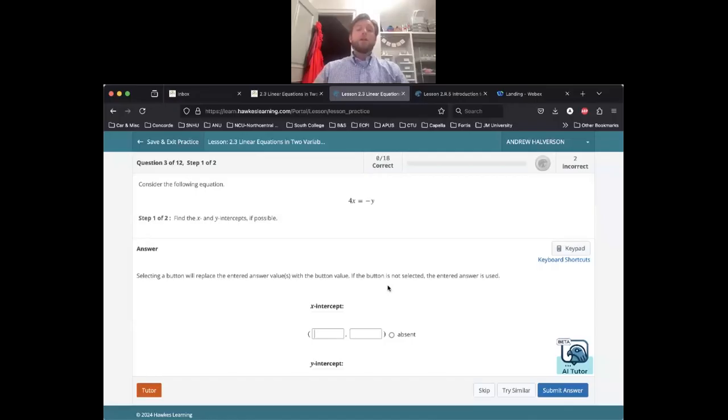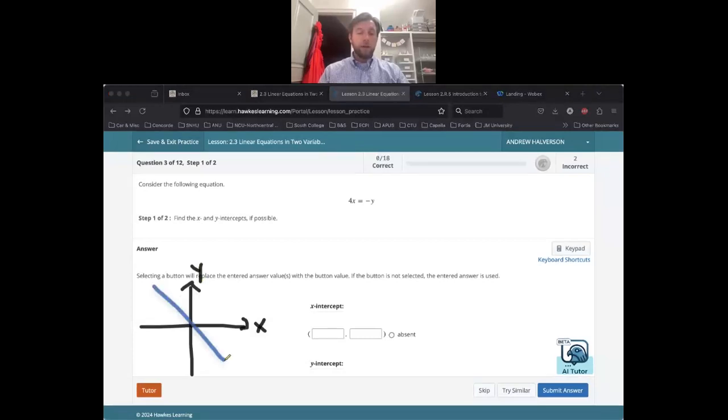Okay, the other thing they want you to do is find the intercepts. Just a quick refresher: when we talk about intercepts, remember you have your big plus sign, your x-axis, and your y-axis, and you have a line, whatever the line is.